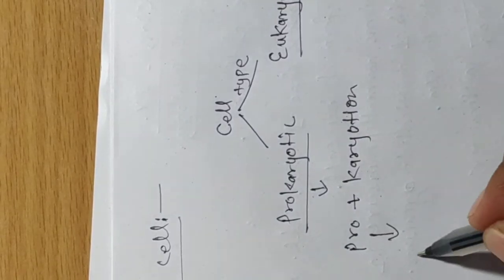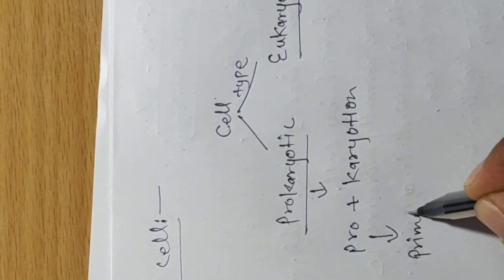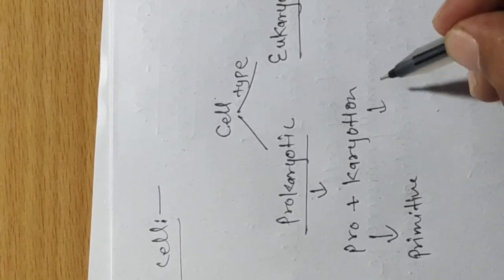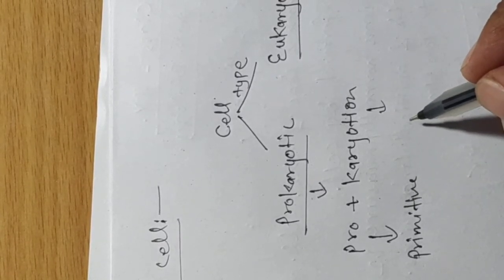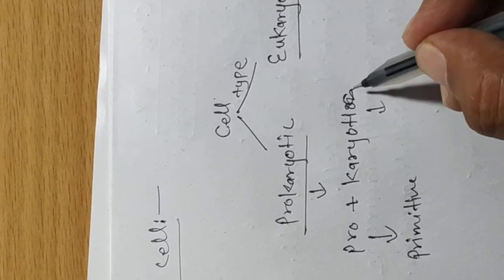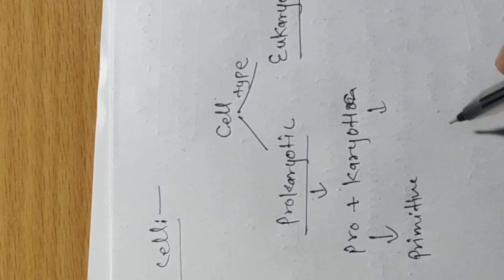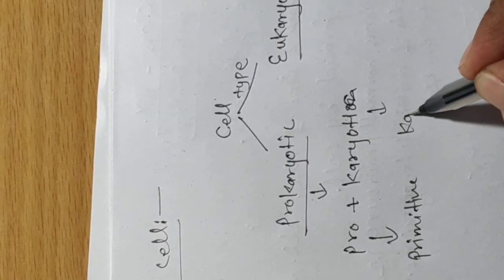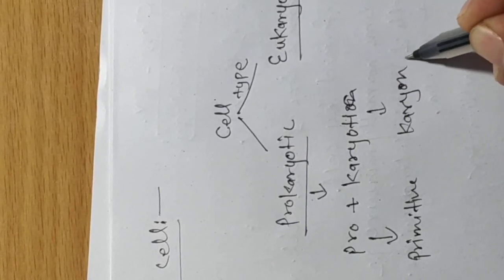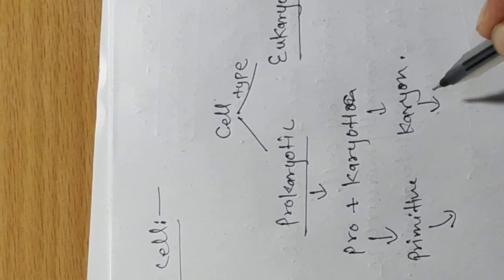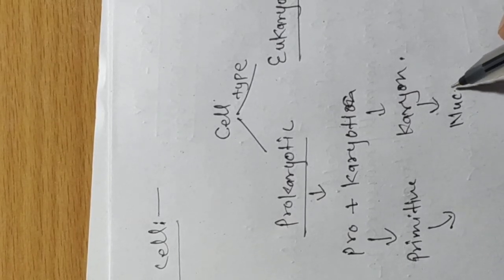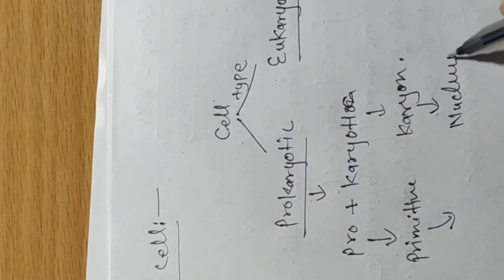Pro means primitive, and karyotic means karyon, which means nucleus.